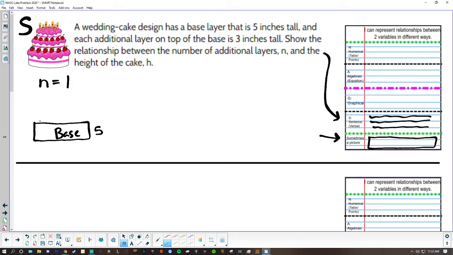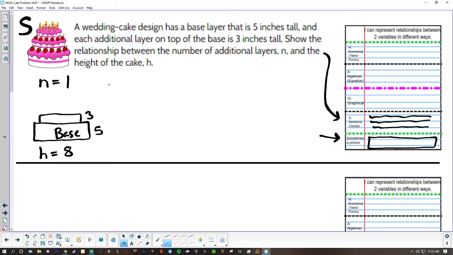So I'm going to add on 1 additional layer to my cake. That 1 additional layer, it tells us, is 3 inches tall. So if I have 1 additional layer, that means the height of my cake, my h, is 8 inches.